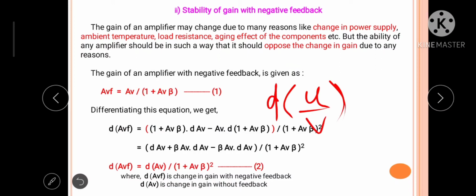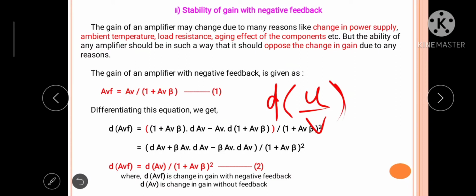Now by splitting these terms, we get derivative of AV plus beta into AV into derivative of AV minus beta into AV into derivative of AV, upon (1 plus AV into beta) whole square.